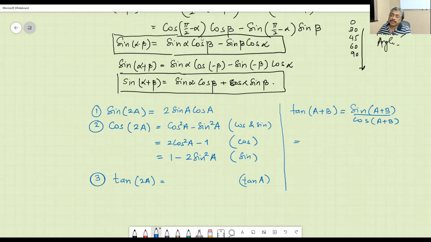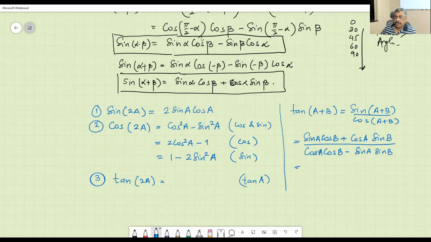Sin(A plus B) is equal to sin A cos B plus cos A sin B, divided by cos(A plus B), which is cos A cos B minus sin A sin B. We want to get into tan, therefore dividing everything by cos A cos B, we get tan A plus tan B upon 1 minus tan A tan B.